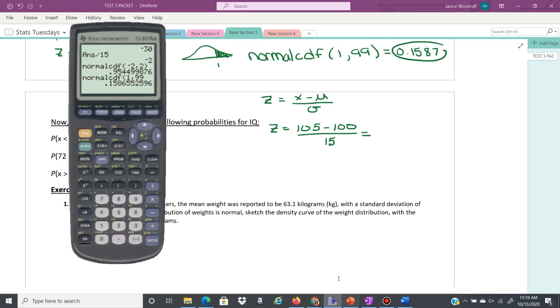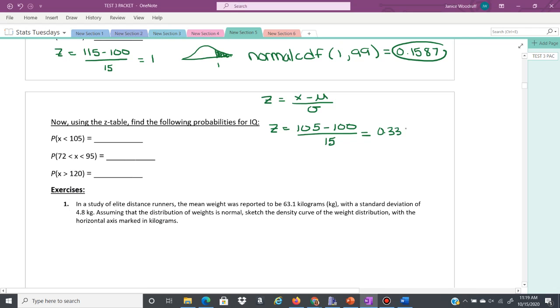So that should give me 0.3333. Okay, then what it's asking is the probability that x is less than that value. So if I visualize this on my curve, here's the score, 0.3333, which is maybe about right here. Probability that it's less, which would be going to the left.